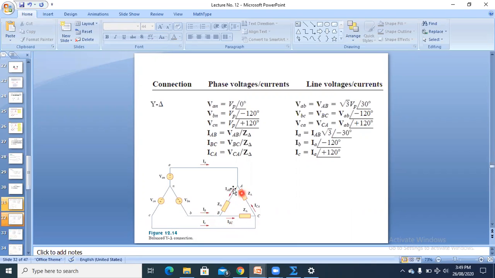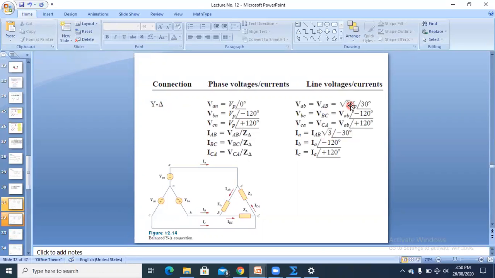We need to calculate the phase currents first, and then we can find the line currents as the phase current times √3 at minus 30 degrees. So in a Y to delta connected system, the phase voltage is given in a positive sequence.